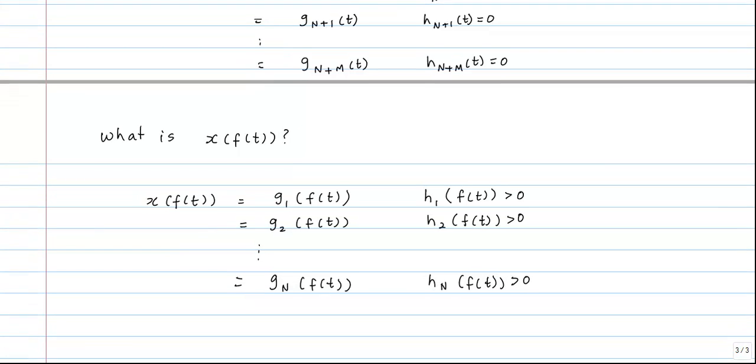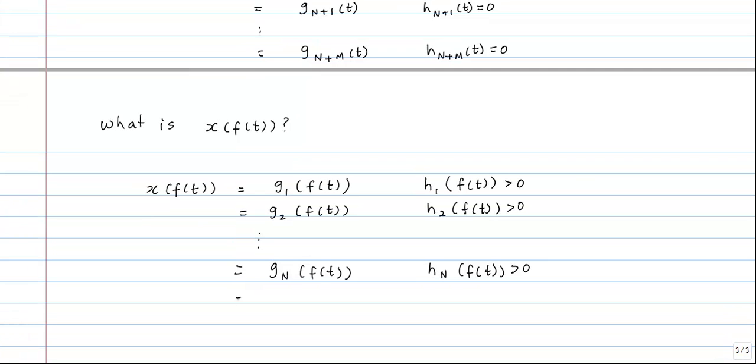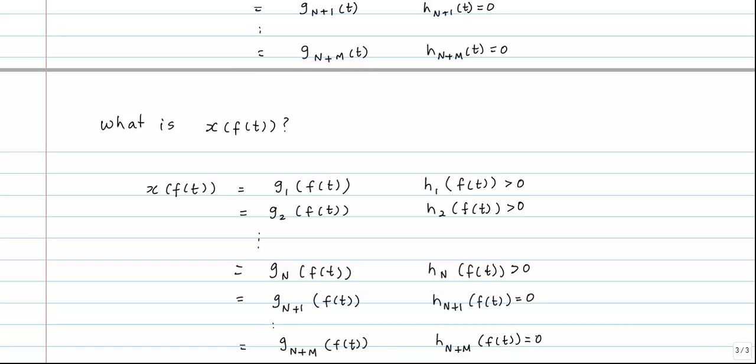And of course we can then do the same thing for the equalities. gn plus 1 of f of t when hn plus 1 of f of t is equal to 0, so on and so forth until gn plus m of f of t when hn plus m of f of t is equal to 0.